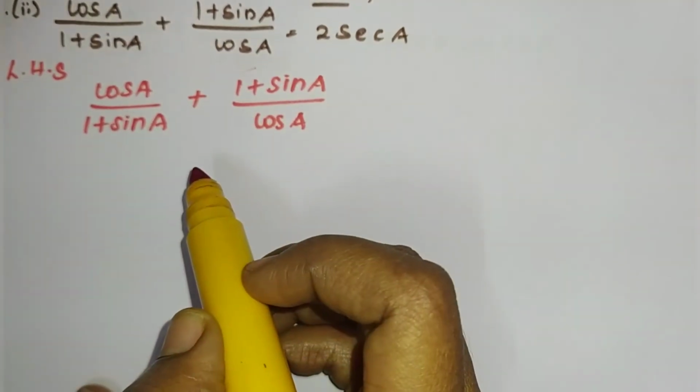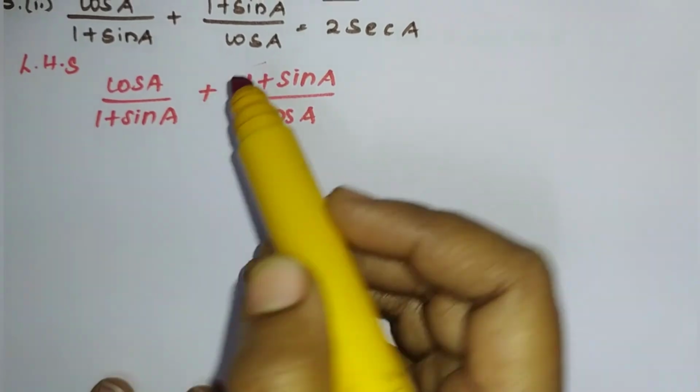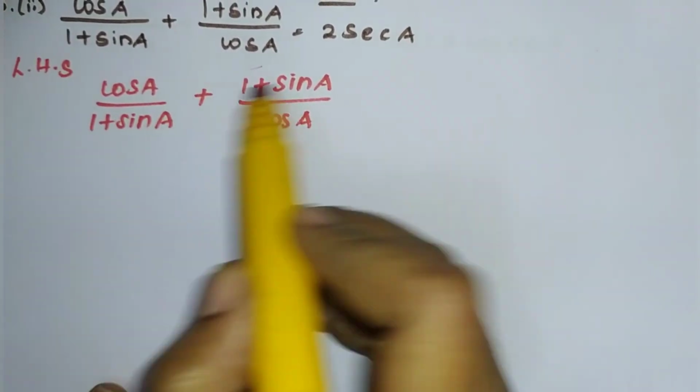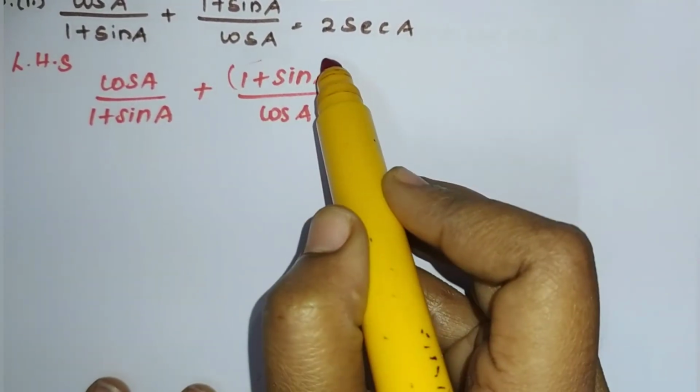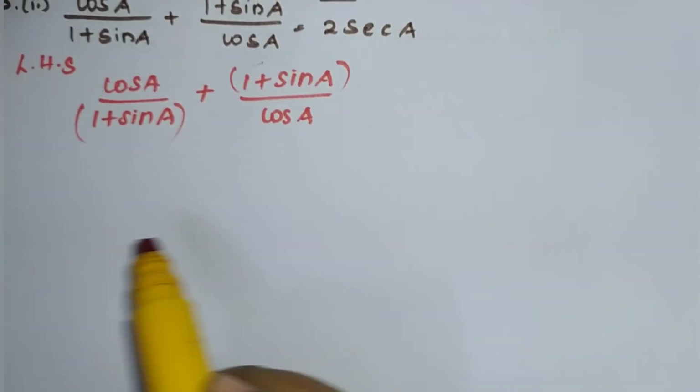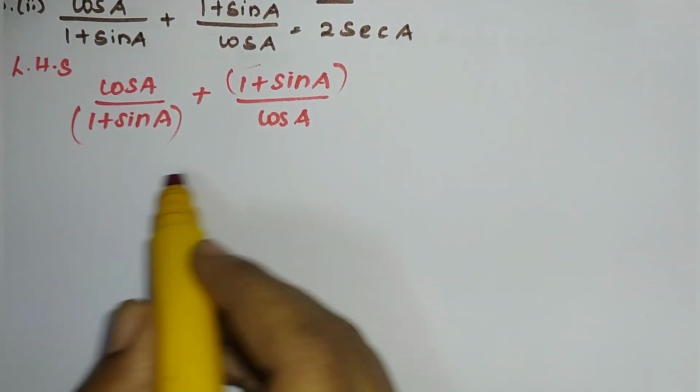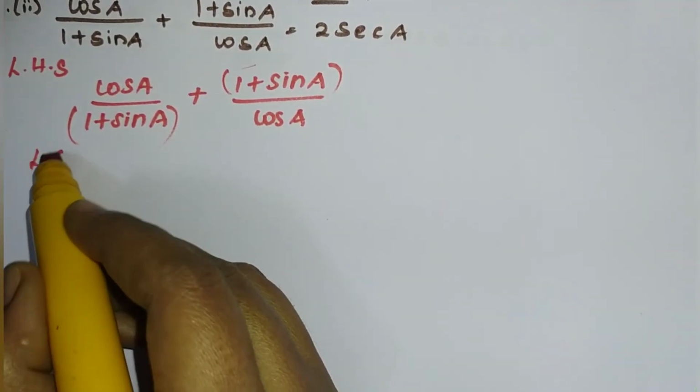Now you have to simplify this one. For that we have to take an LCM. Here we have a plus sign in between the two terms, so I'm going to draw the bracket. What is the LCM here?